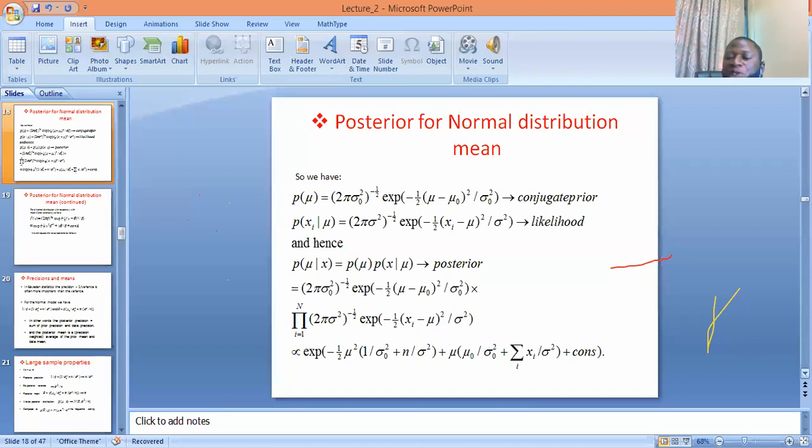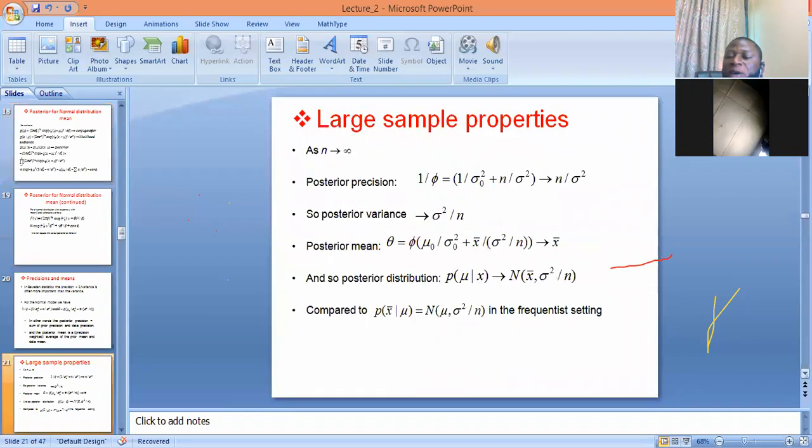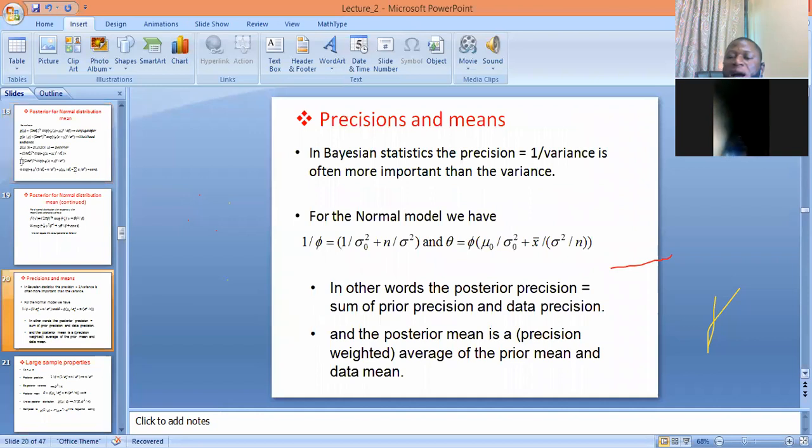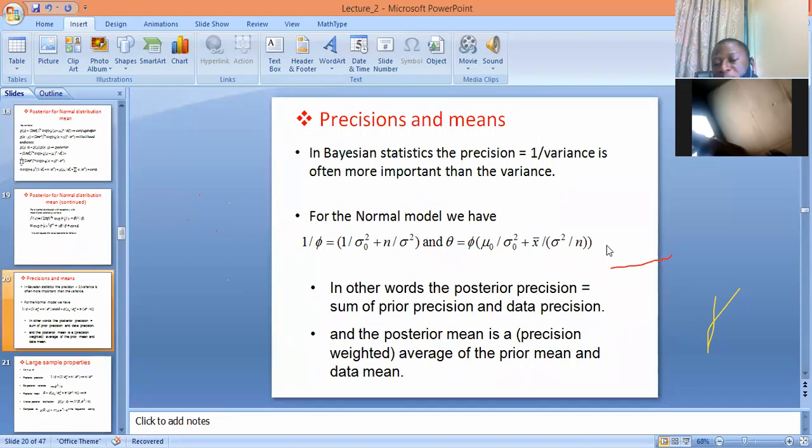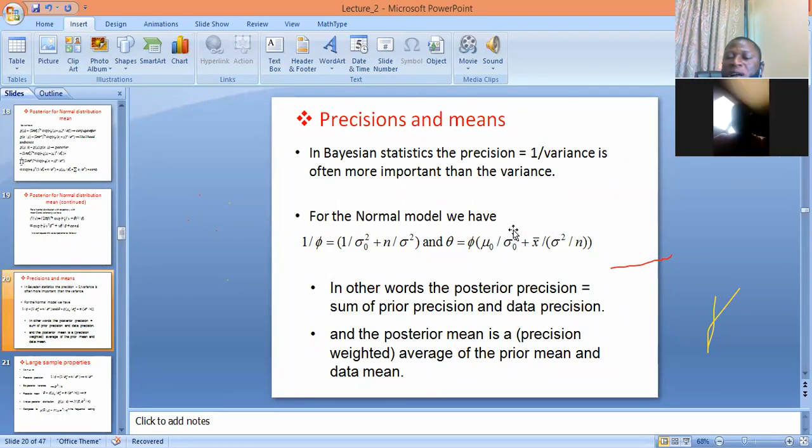If that is so, then that can equally be written as, because it's mean over phi, we can just multiply by phi here. So theta equals phi multiplied by the mean of the prior distribution divided by the variance of the prior distribution, plus the mean divided by sigma square over n.